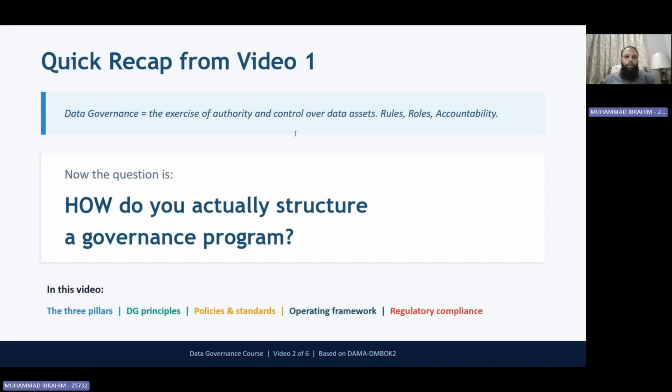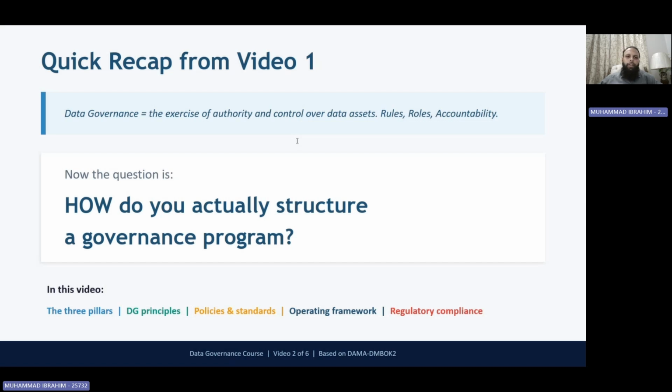So let me give you a quick recap. We defined what data governance is. We defined data governance as the exercise of authority and control over management of data assets. We boiled it down into three words: rules, roles, and accountability. We established that data governance is oversight, management is execution, and we saw how governance sits at the center of the DAMA framework, connecting all the other data management disciplines.